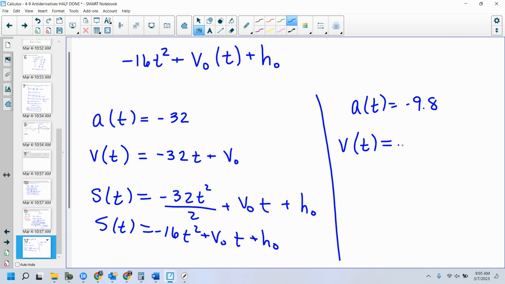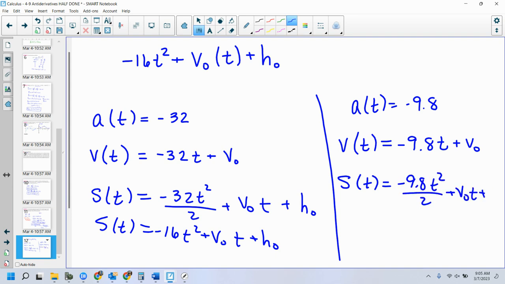My velocity function would be negative 9.8 times t plus initial velocity. So position would be negative 9.8 t squared over 2 plus v naught t plus h naught. Negative 9.8 divided by 2.